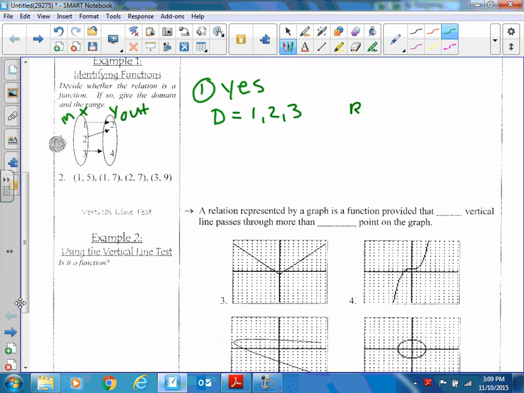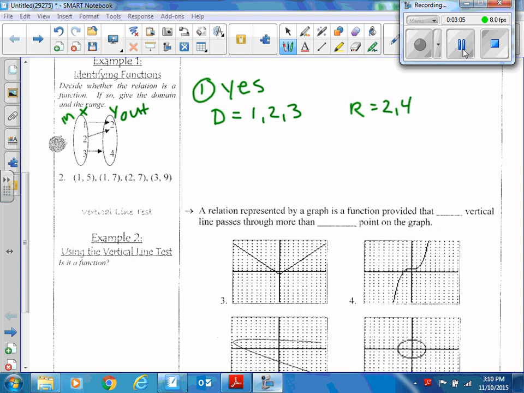And our range is going to be our output, in this case 2 and 4. Like I said, yes, 2 x's both go to the 2, but that's okay. We just need to list 2 once in our range.